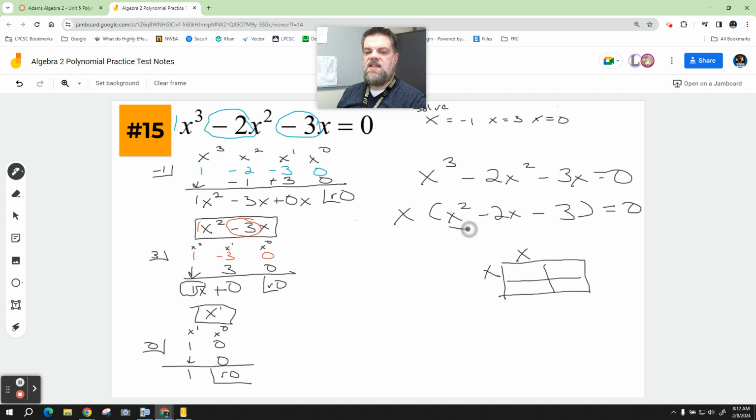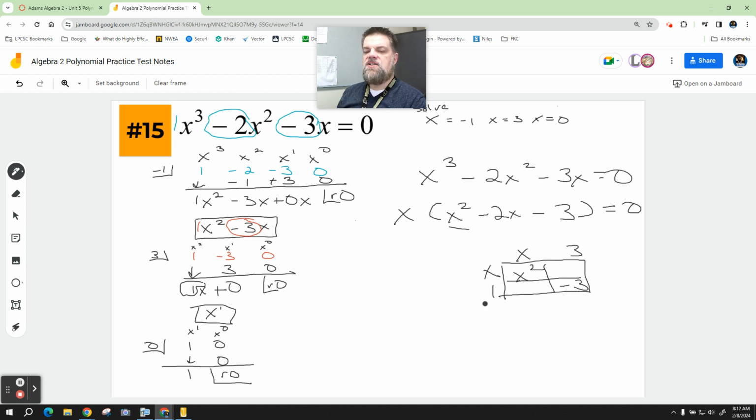In other words, I'm going to take this first term, which is x squared, and take this last term and put negative 3. Now, remember that this number here and this number here are going to be x to the 1st power, so they have to add up to negative 2x. So what are the factors of negative 3? In other words, what 2 numbers do I multiply to get negative 3? Well, 3 is one of them, and 1 is one of them.